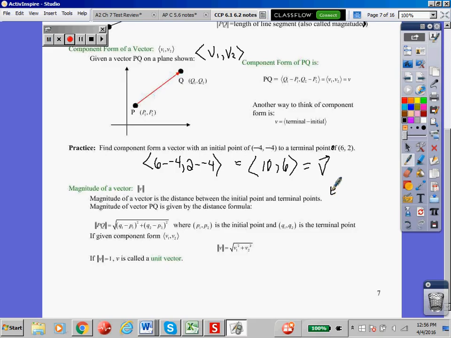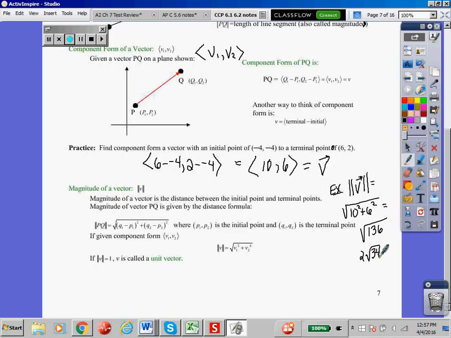If I want to find the magnitude of vector V, you would just do the square root of 10 squared plus 6 squared. That's what? The square root of 136. Well, let's simplify that. Is there anything bigger than 4? Would 16 go in there? Well, let's figure it out. Nope. So that's 2 square root 34.